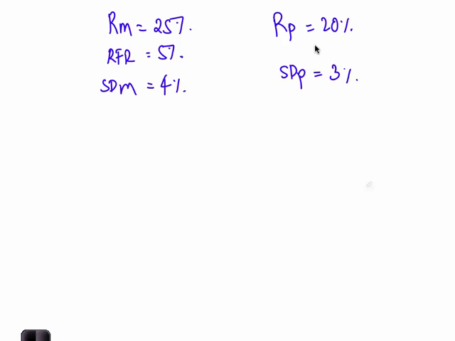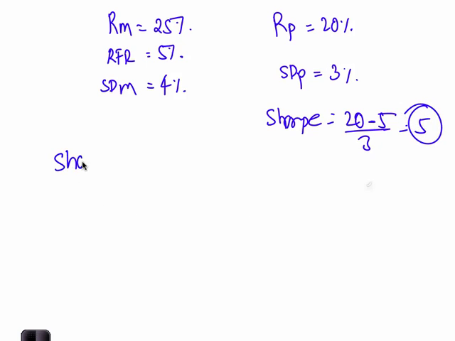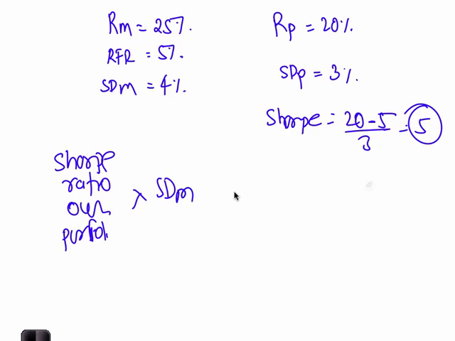So first you calculate Sharpe ratio of your portfolio. Sharpe ratio of our portfolio is 20 minus 5 divided by 3, which is 5. Then Sharpe ratio of our portfolio into standard deviation of market minus equity risk premium.